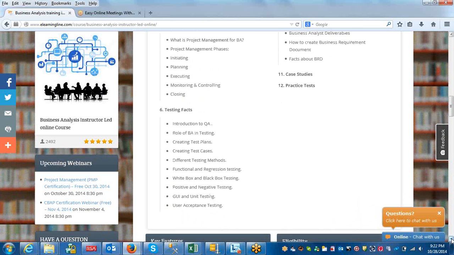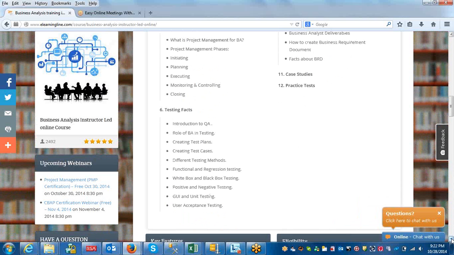Then we come down to the technical facts about testing. Now, why do you need to know testing when we are talking about a business analyst role? The reason is there are different phases of the project where the BA is aggressively working with the team as well as the user acceptance testing process. In these two areas you will be exposed to the different methodologies used as part of testing.